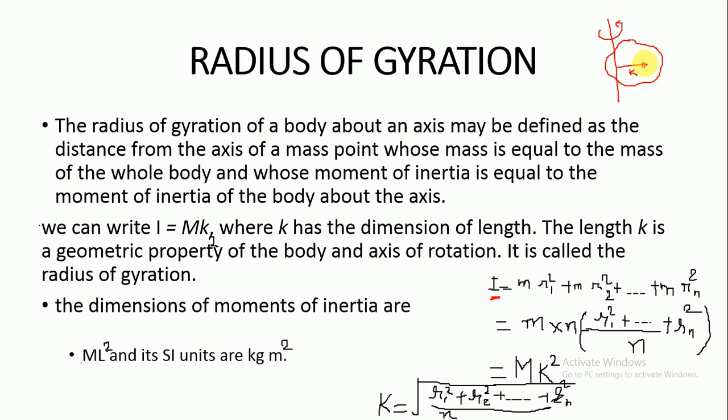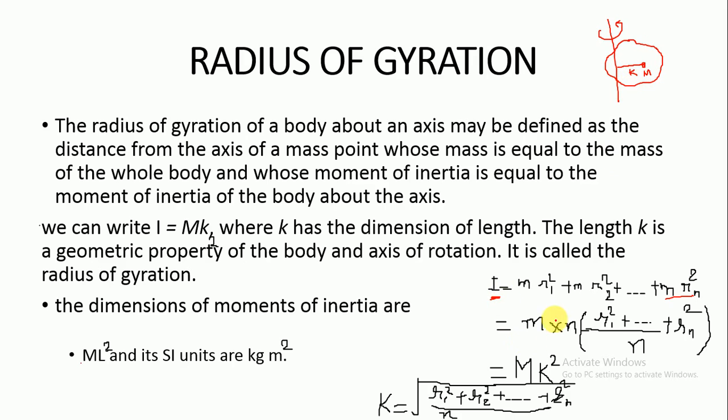So what I am doing here, I have considered that the whole of the mass is situated here. What would be the moment of inertia if I use the actual distribution of masses in this body? This would be mr1 square plus mr2 square till mrn square. And if I consider the whole mass to be here at a distance k from the same axis of rotation, the moment of inertia would be Mk square.